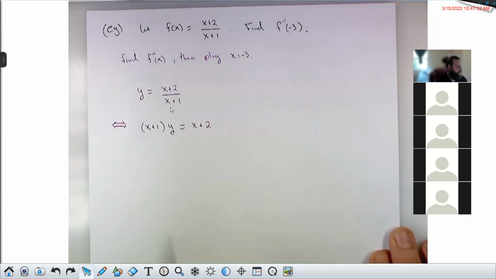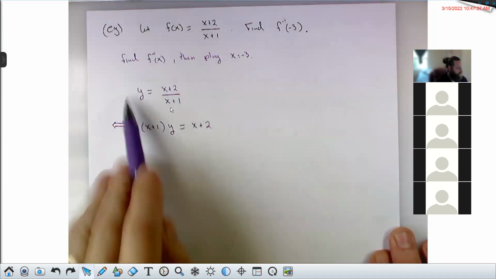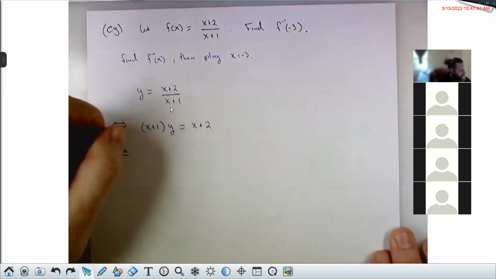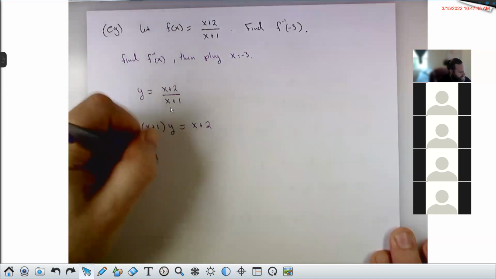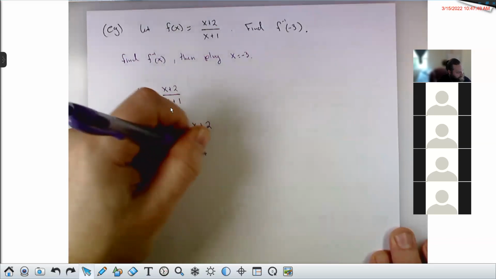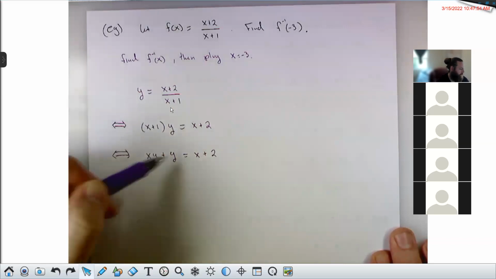When I multiply both sides by x plus 1, the x plus 1s go away over here. And over here, I just have x plus 1 times y. Then we distribute on the left. I'll have xy plus y equals x plus 2. Just distributing here, y times x, y times 1.